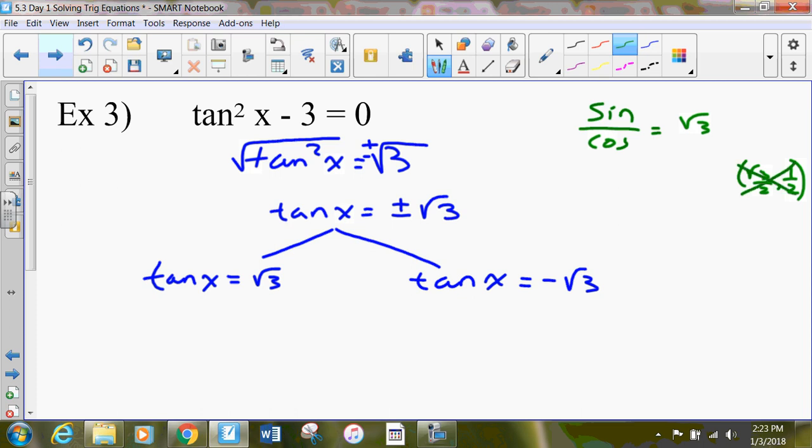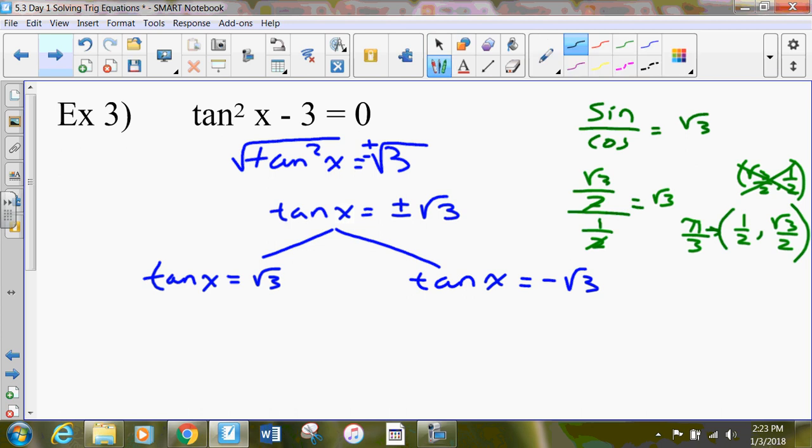I think about pi over 4, that's root 2 over 2 over root 2 over 2. Nope. So let's look at pi over 3. With pi over 3, we know that cosine is 1/2, and sine is root 3 over 2. So if we put sine over cosine for pi over 3, our 2's cancel out, and we get a root 3.